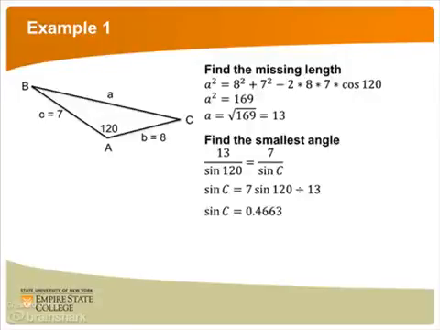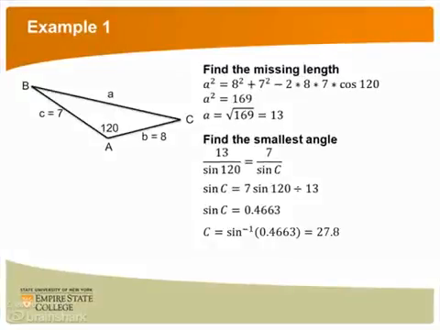This gives us sine of angle C equal to 0.4663. To find angle C, we take the inverse sine of the decimal amount and find angle C has a measure of 27.8 degrees.